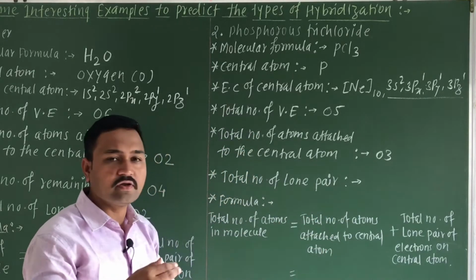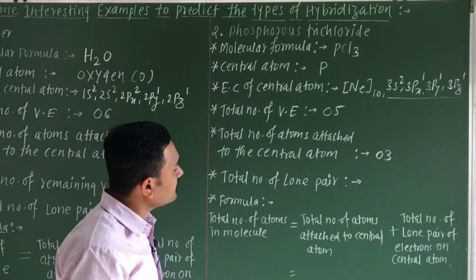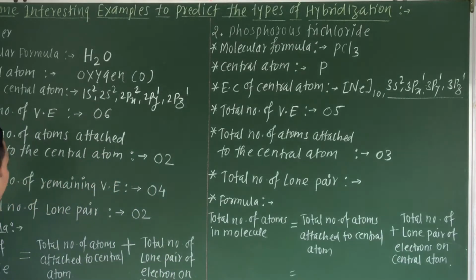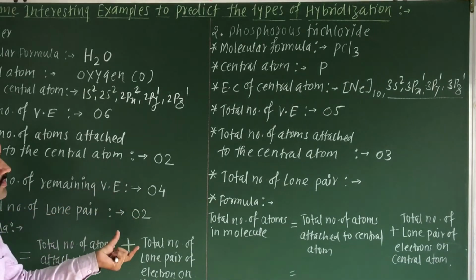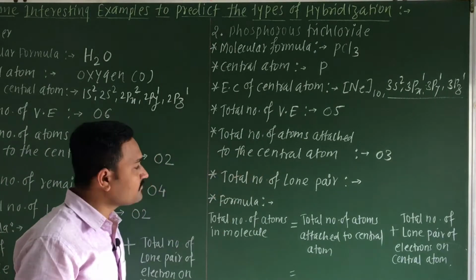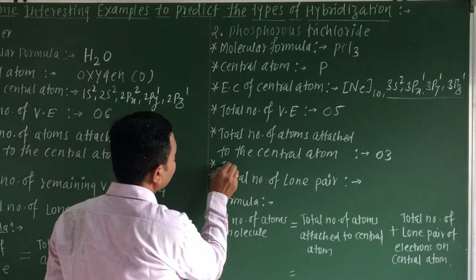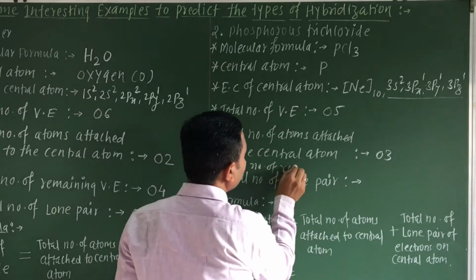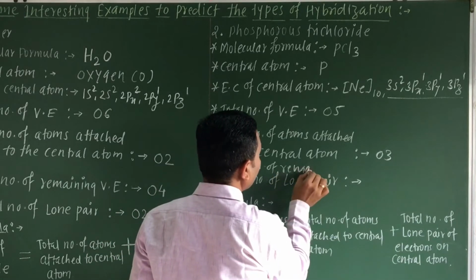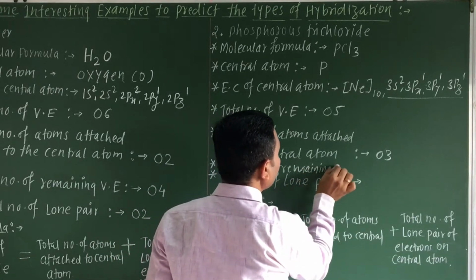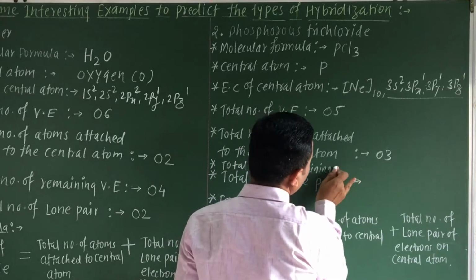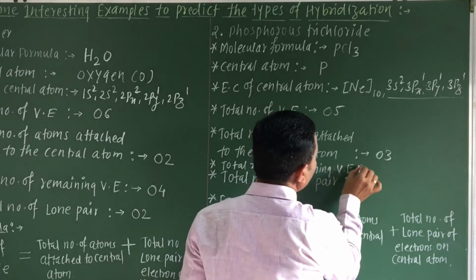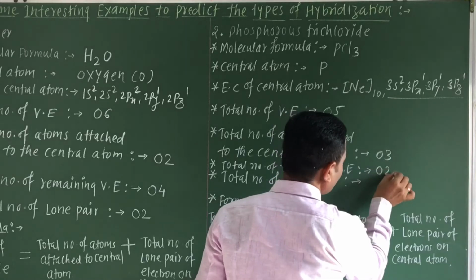Here I forgot to write one important point, the total number of remaining valence electrons, VE, which will be equal to 2.